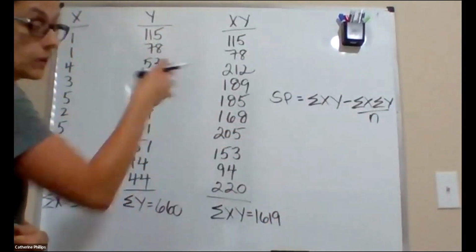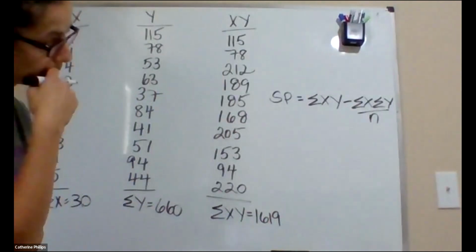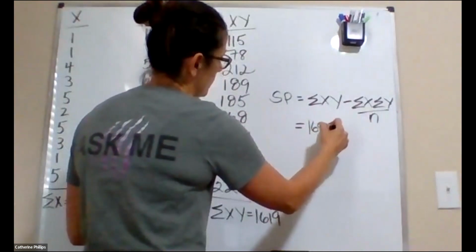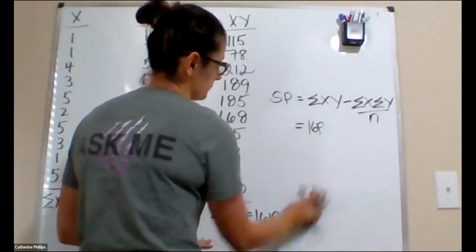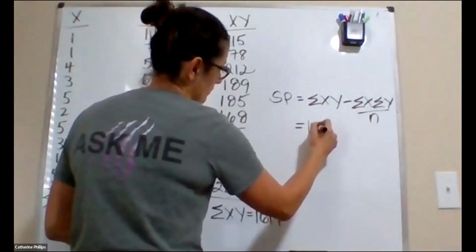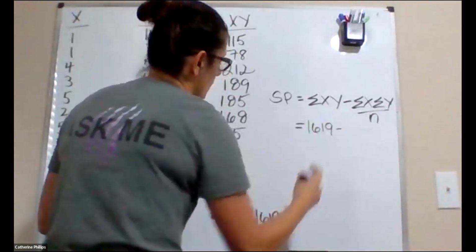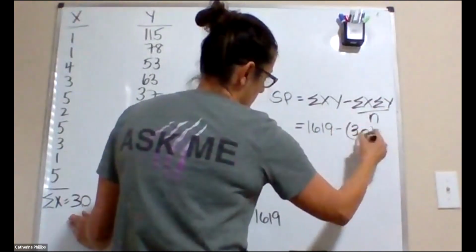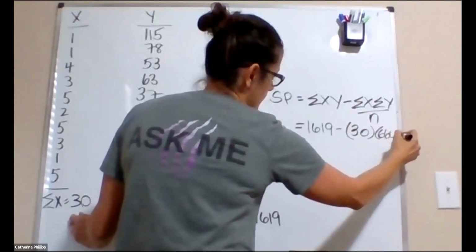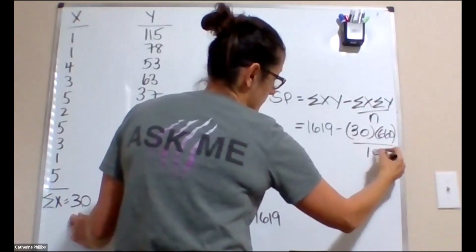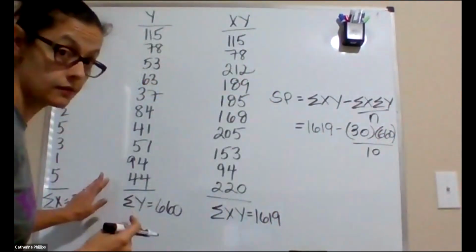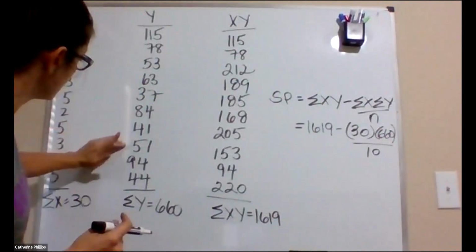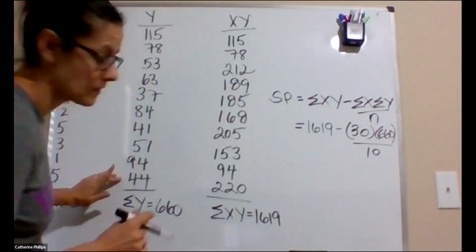And with these numbers, we can calculate our sum of products. So we take 1,619. Sum of X is 30 times 660 divided by 10, because we have 10 scores here. 1, 2, 3, 4, 5, 6, 7, 8, 9, 10 scores.